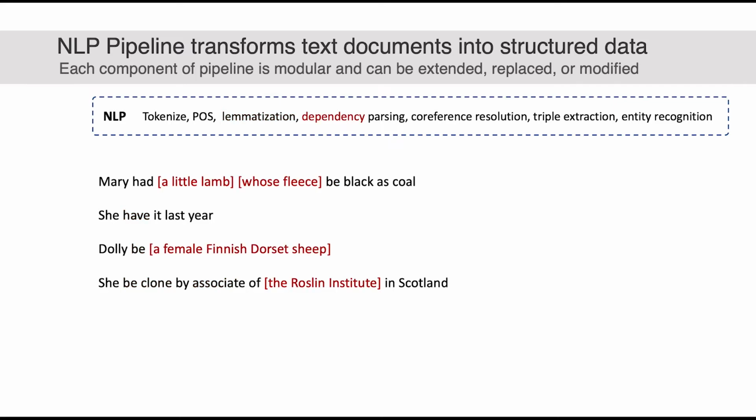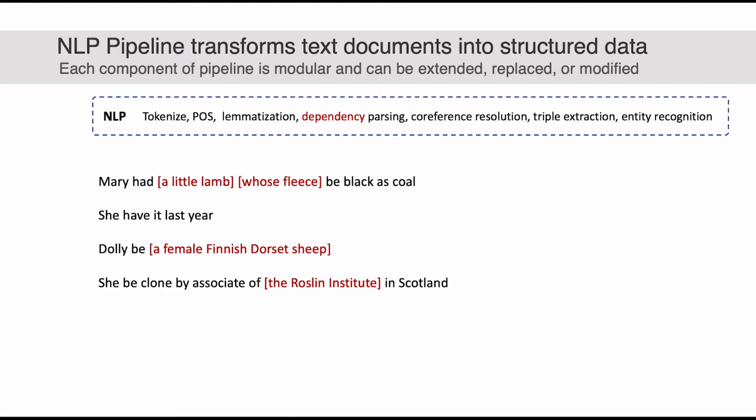The next step in the pipeline is something called dependency parsing. And what this does is it takes words that are semantically related and groups them so that they're treated as one concept. For example, if you're reading the sentence, Mary had a little lamb whose fleece was black as coal, you don't think of a and little as being distinct, you think of a little lamb sort of like it's one word, kind of in your mind's eye.